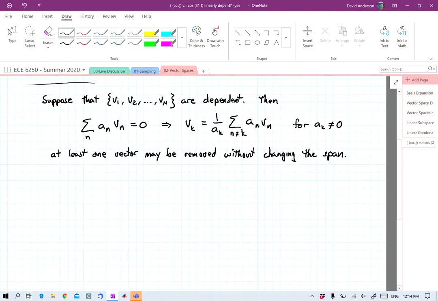And we can repeat until we have a linearly independent set.